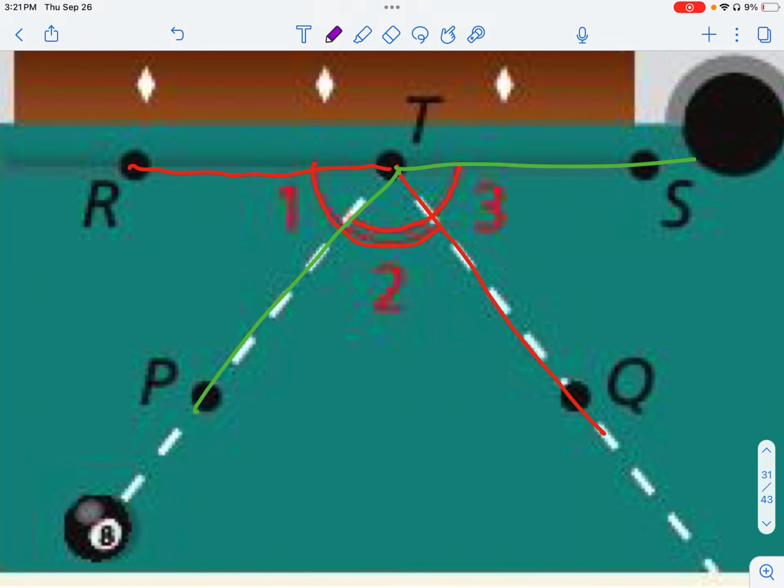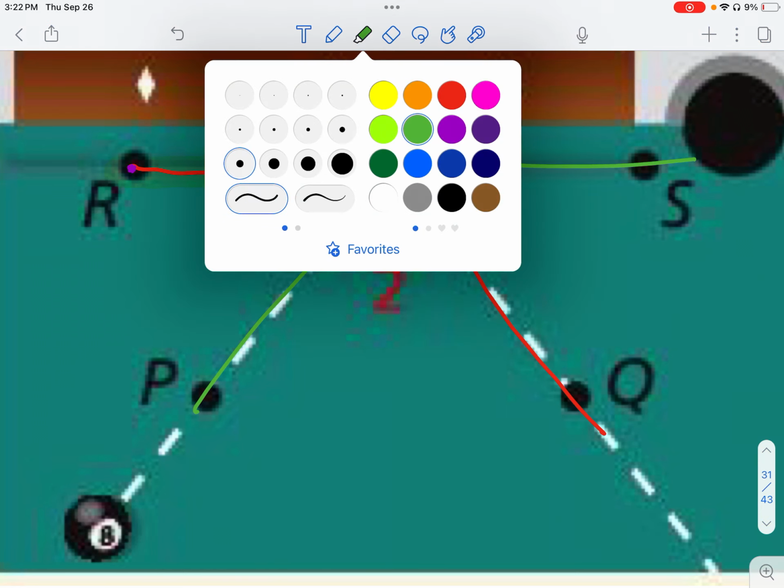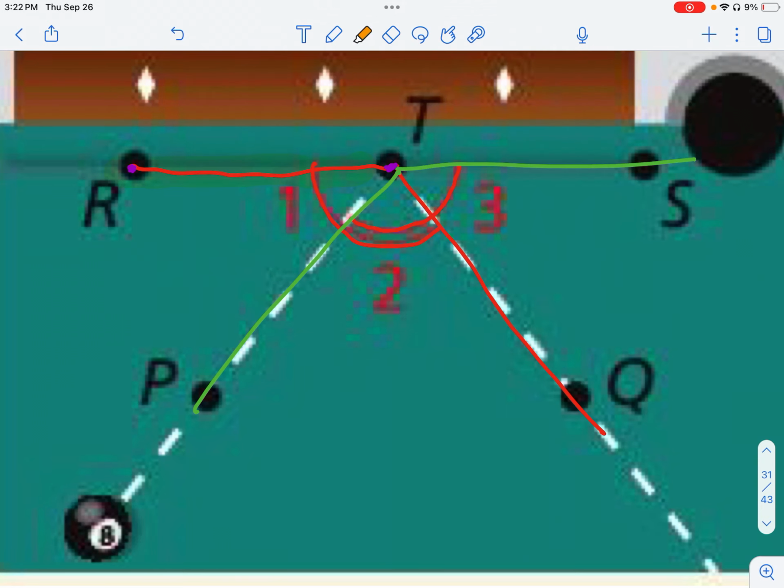Well, we know that RTQ, let's just highlight it in a different color than green because the pool table's green, RTQ is going to be the measure of angle 1 plus the measure of angle 2.